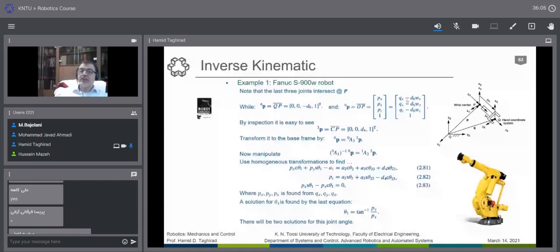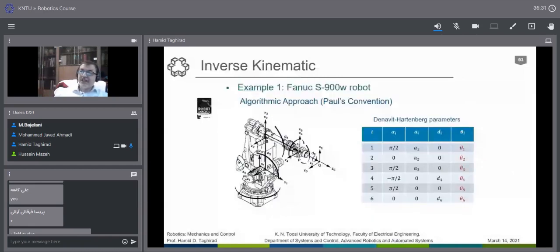Now we have this position. We would like to find the first 3 thetas, theta 1, theta 2, theta 3, as we discussed in the previous section. So if you look at this, now look, go back to this point, we have the position, consider that instead of the orientation and position of Q being given, the position of P is given.